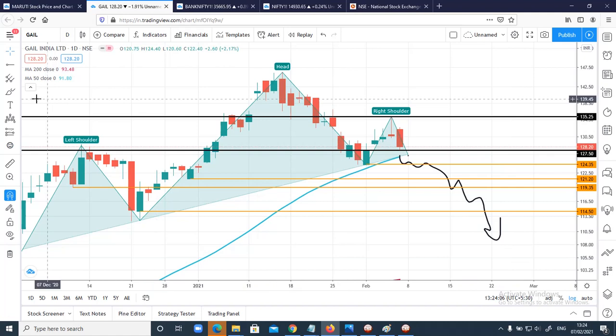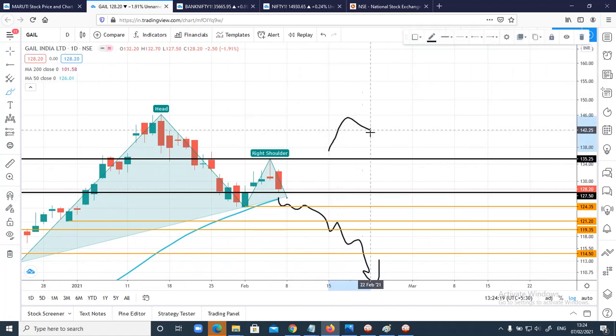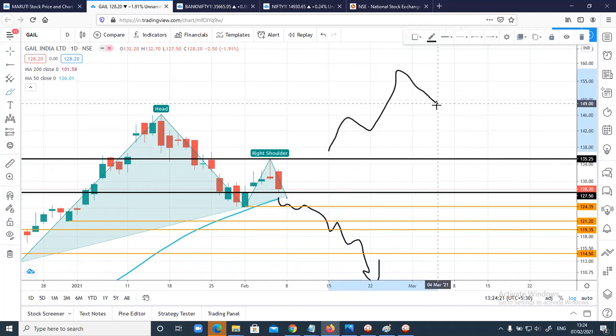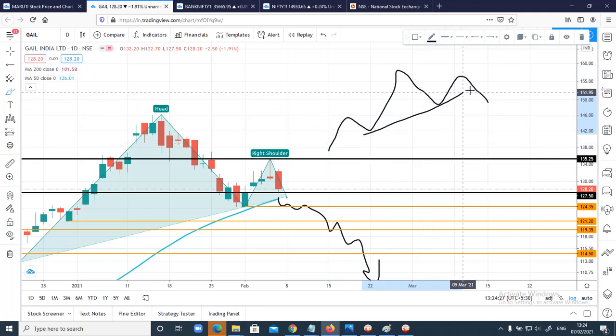One thing you remember, I'll tell you, even if the head and shoulder pattern fails, then it can form a double top. Let me explain that here. Once a head and shoulder pattern is formed here, we usually wait for the break of the neckline. Guys, this is the neckline I'm drawing, right?